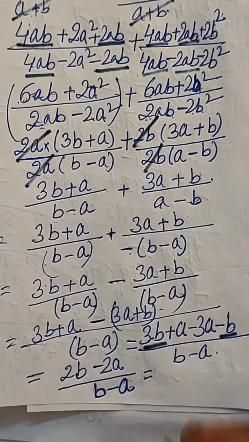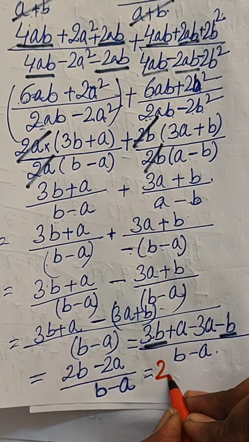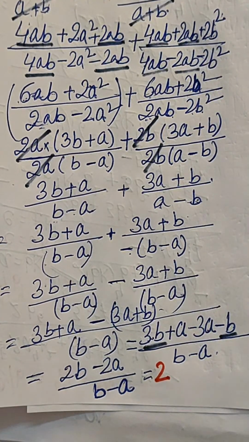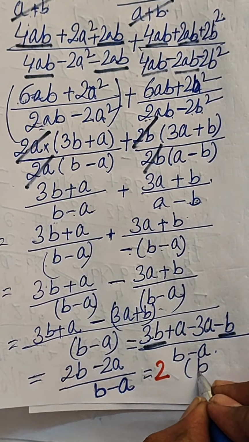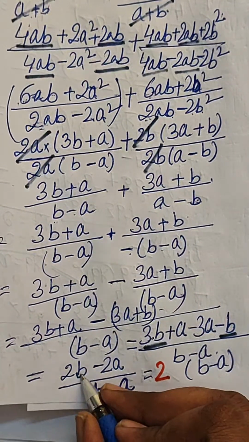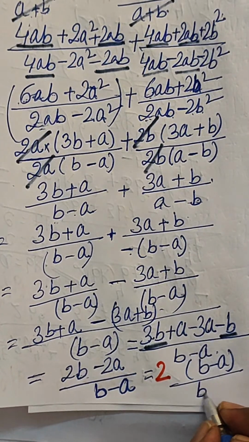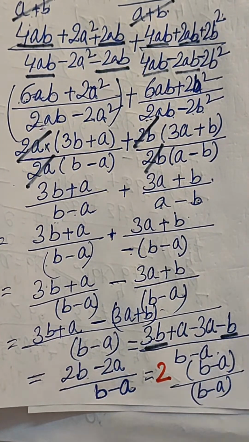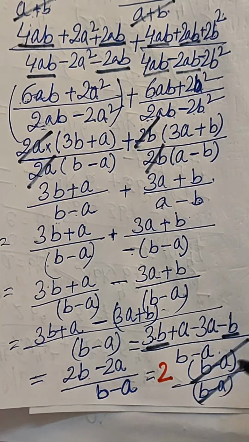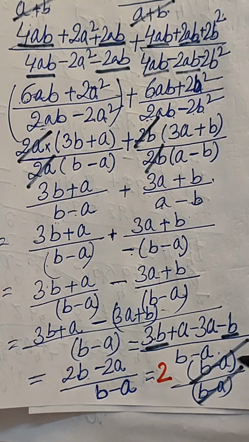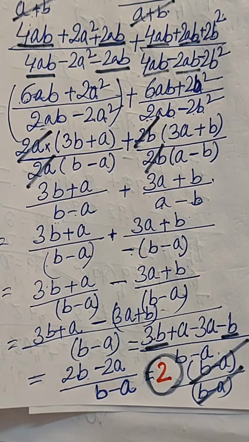So when 2 is taken as common from here, in the bracket we have b minus a, divided by b minus a. So here you can see this b minus a and this b minus a will be cancelled out, and we have our answer with us: 2, right?